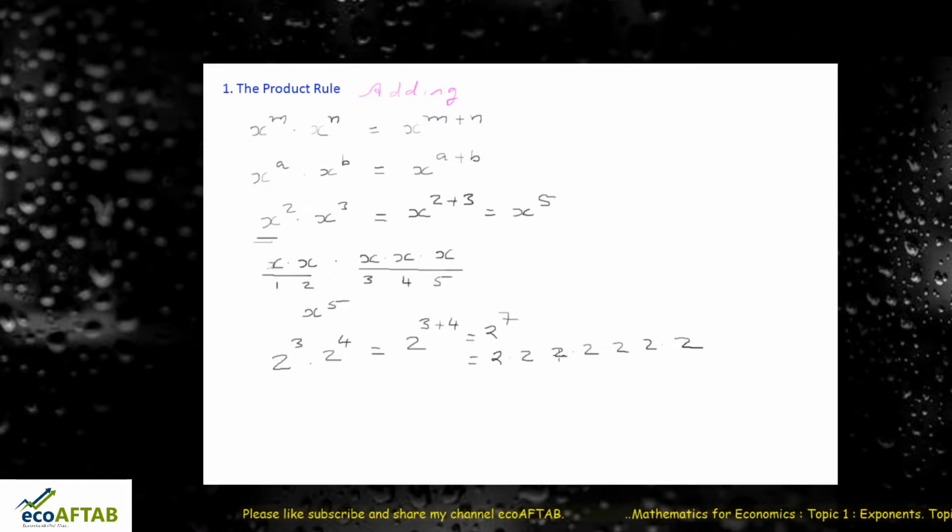So 1 2 3 4 5 6 7 times. We have multiplied 2 by itself 7 times. The same is here: 2 multiplied 3 times, and 2 multiplied 4 times, altogether what we are getting is 2 raised to 7. So in the product rule we are making use of addition of exponents. Remember this thing.